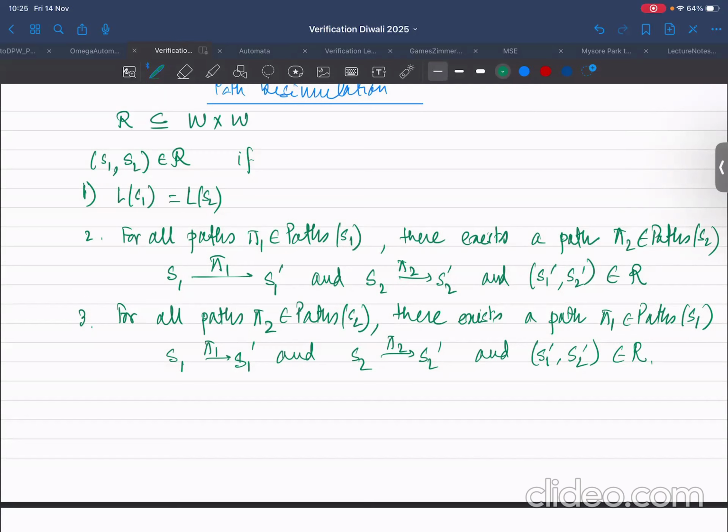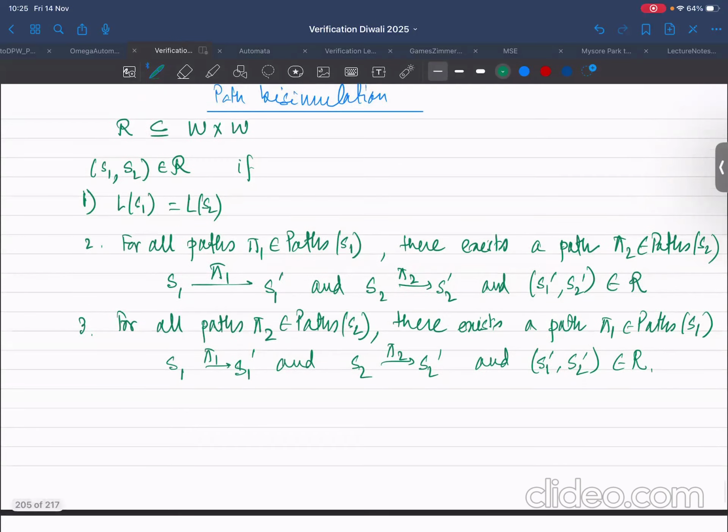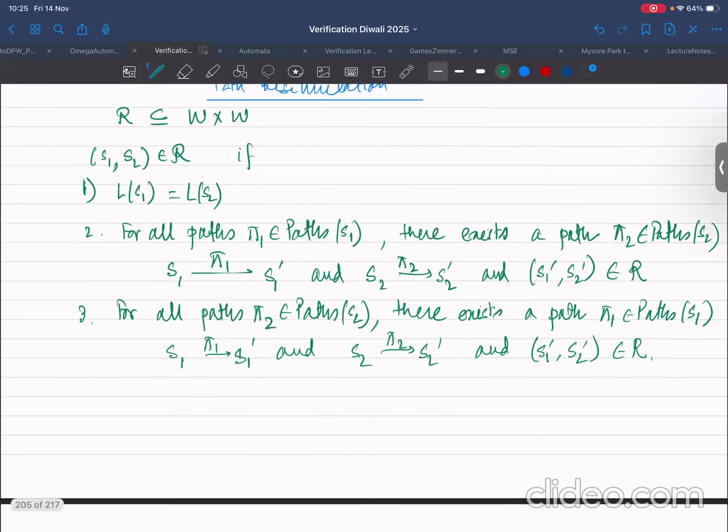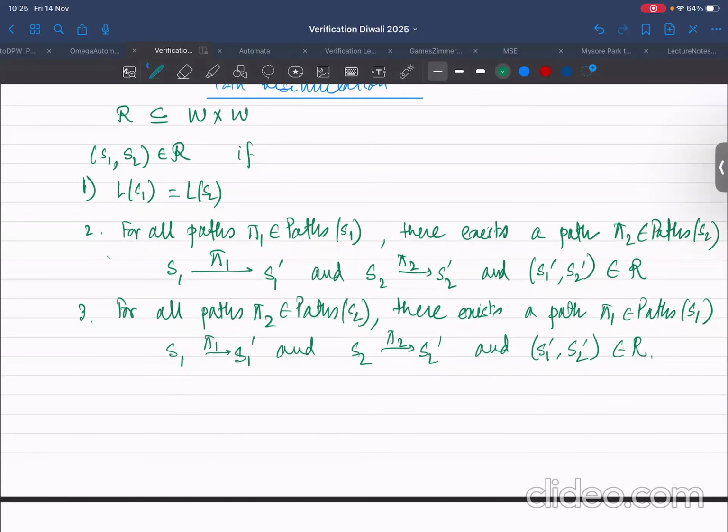So here I should indeed talk about path pi 2 such that the lengths of the paths are the same. Here also the lengths of the paths are the same.